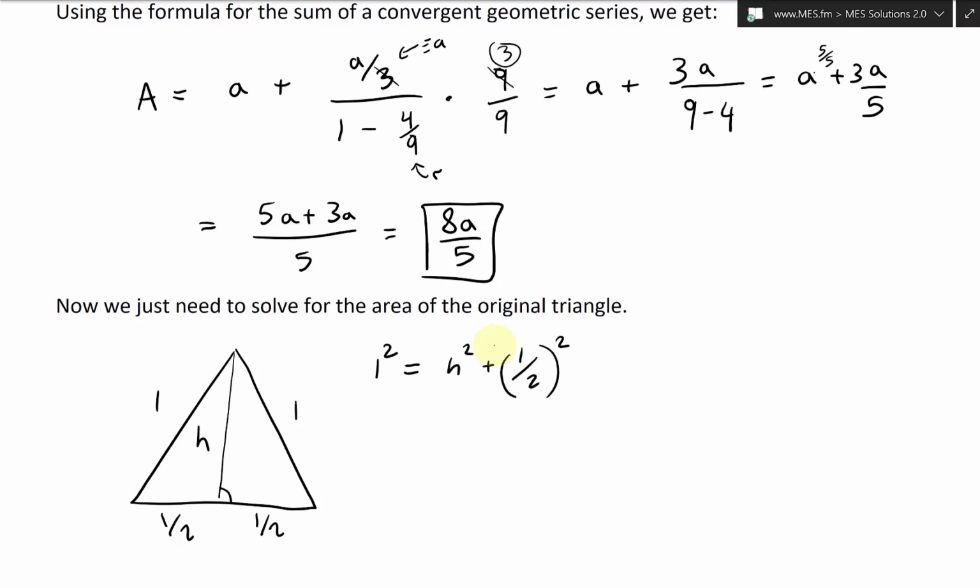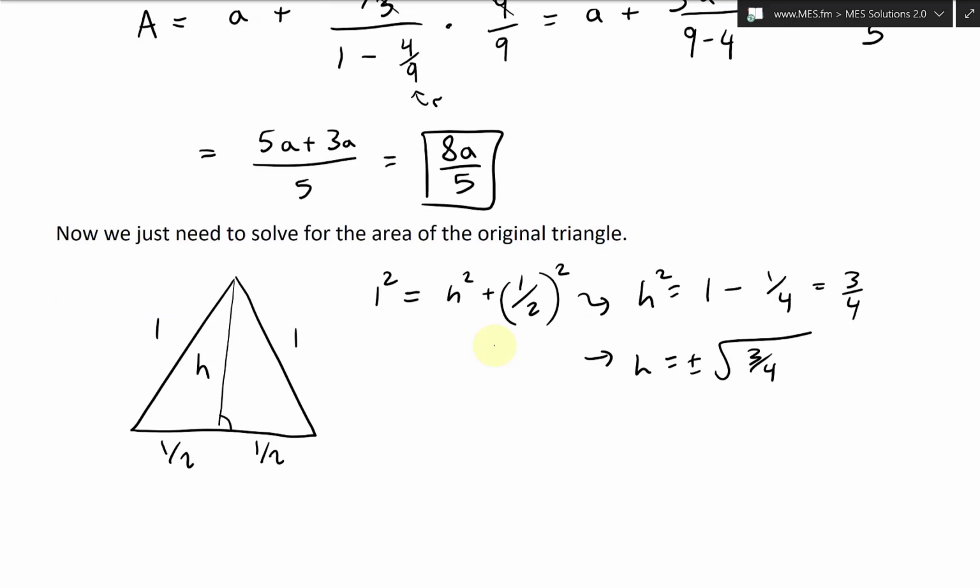And that just equals 2, and then we'll just solve it. h squared is equal to 1 minus 1 over 2 squared, which is 4, and then basically square both sides. So h is equal to plus or minus square root 3 over 4, like that. So this equals 3 over 4, square root both sides, and take the positive always, so it's going to be square root 3 over 2, because square root 4 is just 2.